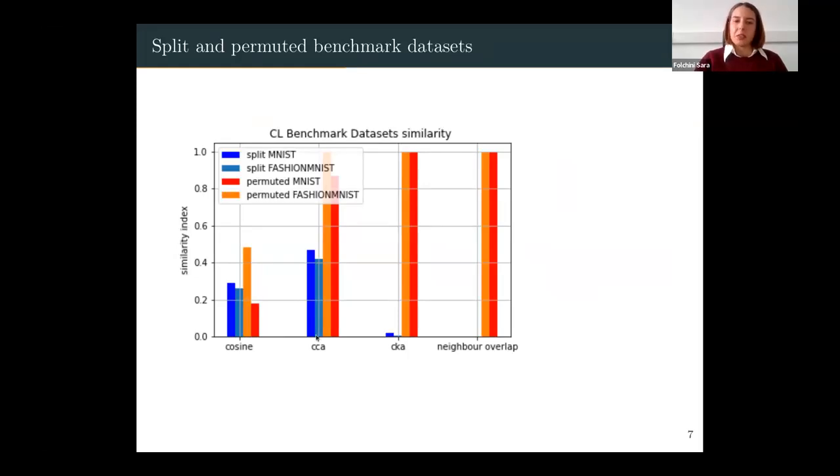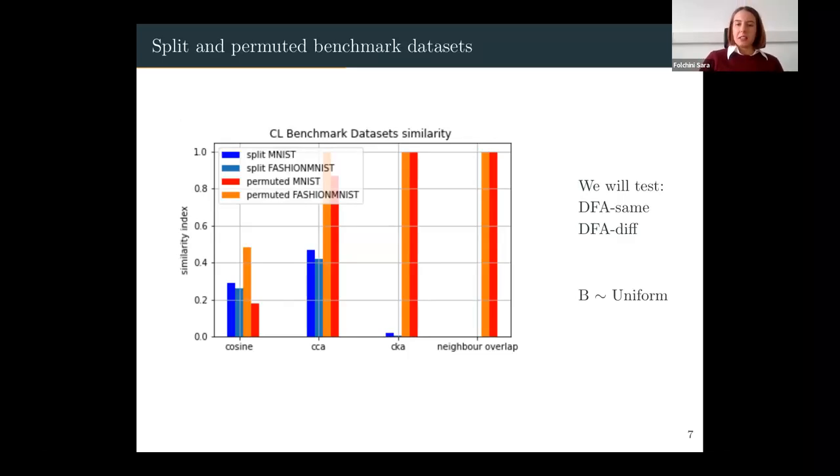CCA is a measure which is linearly invariant, so it also allows rescaling. So applying different similarity measures, we can see by eye that the permuted dataset is much more similar among the tasks. Instead, the split dataset has tasks more uncorrelated with each other.